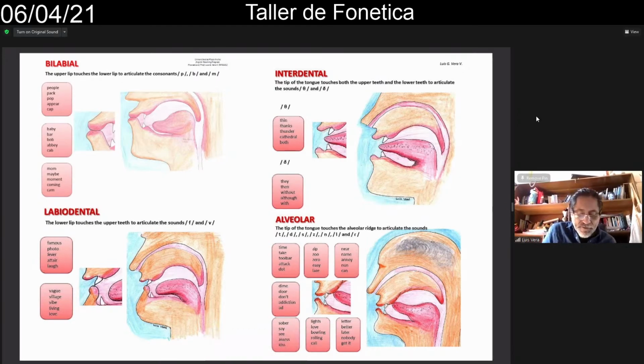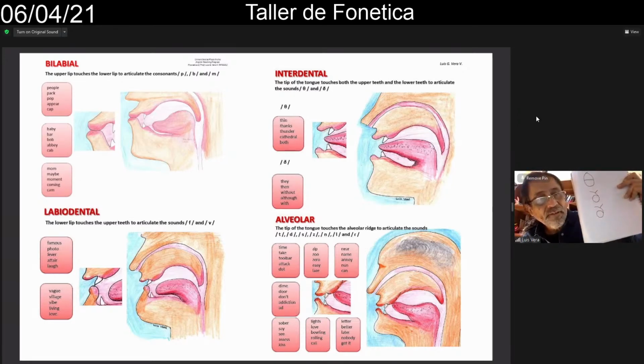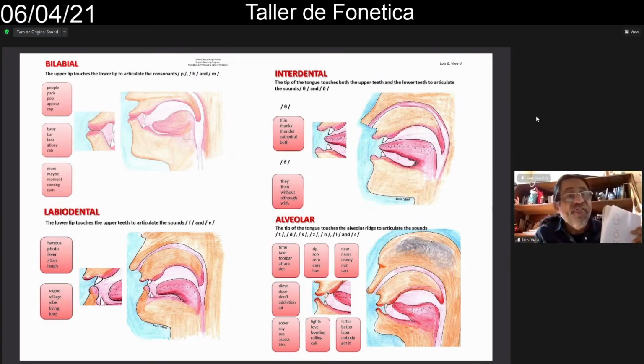This is one symbol, different from the letters. And the other one looks like a 6, imagine a 6 with an extra symbol, and that stands for the sound in they, them.